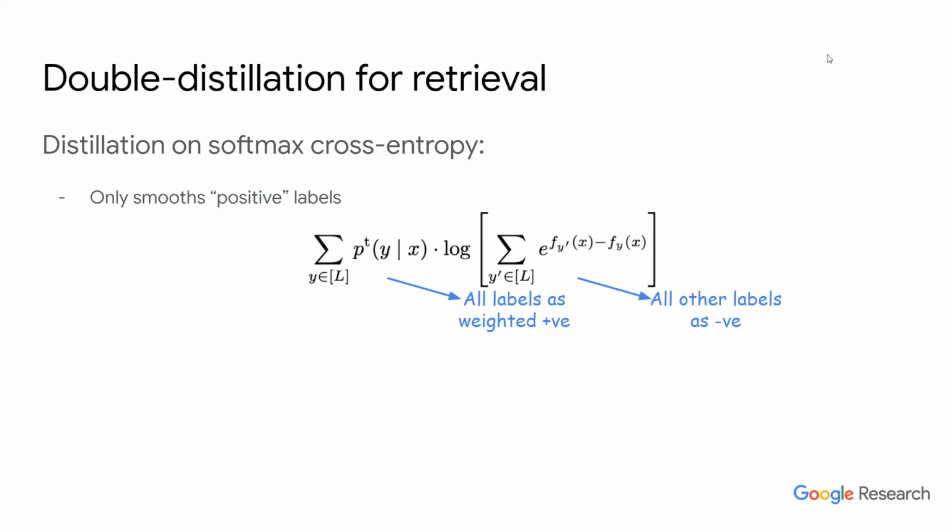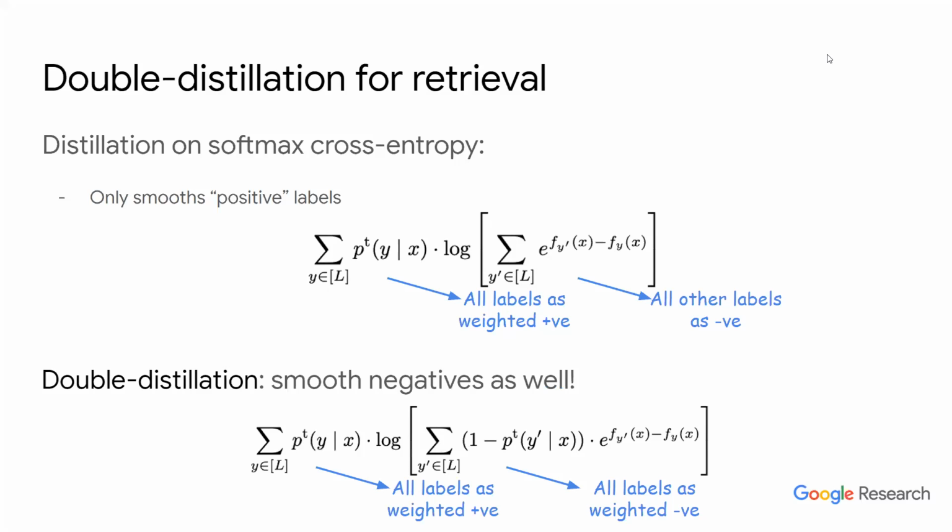So we wanted to use the smoothed version for this part as well. Basically, we are weighting this term by the distribution. You can think about this as a kind of expectation over all the labels, from the one positive loss to the other ones. So this weights the positive examples and negative examples equally.